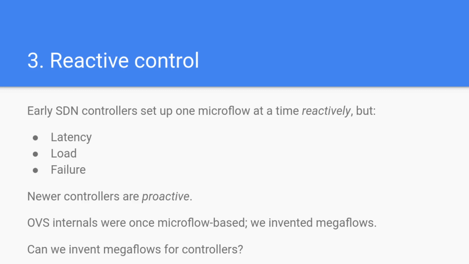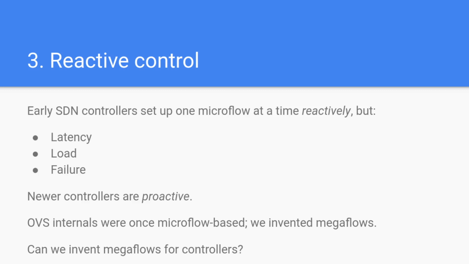So the next generation of controllers were all proactive, meaning that they figured out what would need to happen to any conceivable packet and told the switch that in advance, and that sidestepped that problem. It caused this O of n squared problem we're talking about now, though. So you might think of things in terms of an analogy to Open vSwitch's internals, which once worked a lot like those reactive controllers.